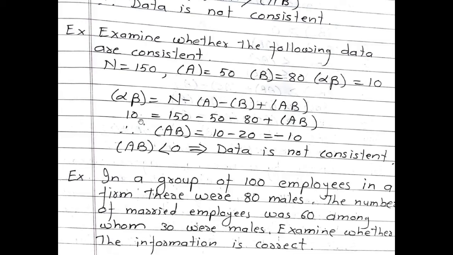Value of alpha beta is 10, N is 150, A is 50, B is 80, and AB we want to calculate. So 10 is equal to 150 minus 50 minus 80 plus AB. If you solve 150 minus 50 minus 80, the answer is minus 20.